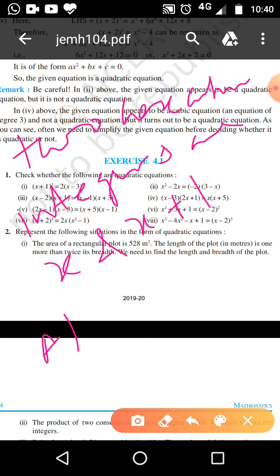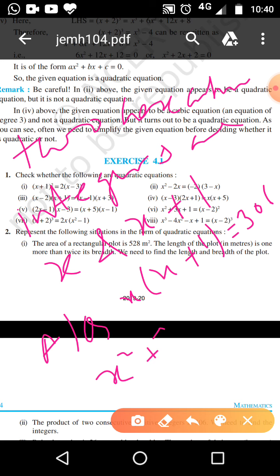According to the question, x into x plus 1, the product of these two consecutive integers, is nothing but 306. So x square plus x is equal to 306. We can write x square plus x minus 306 is equal to 0. So this is the quadratic equation for question number two.